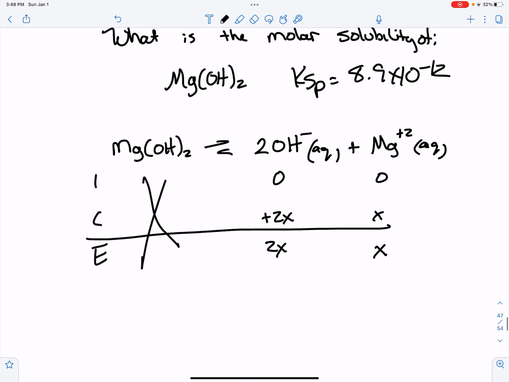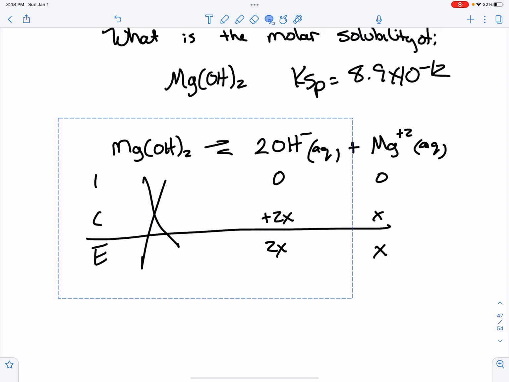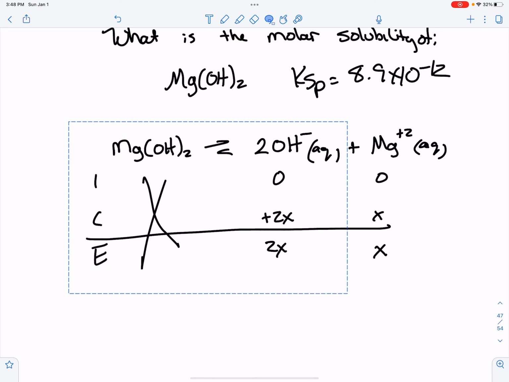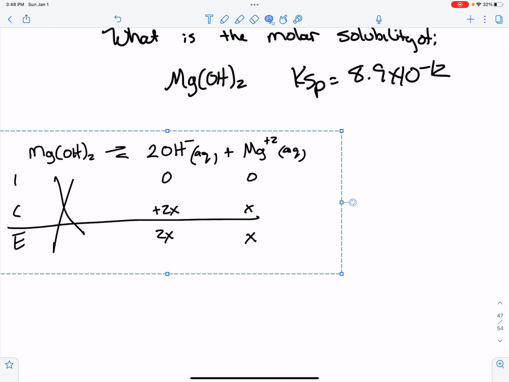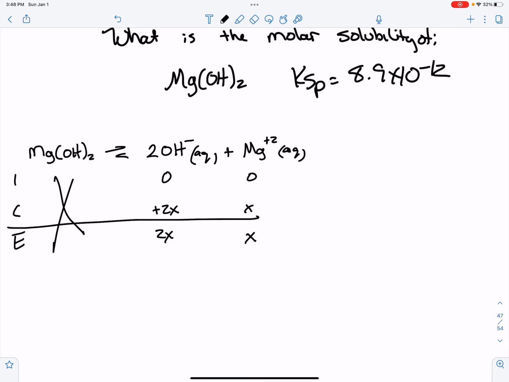Now the Ksp for this, and let me make this a little smaller so I can write it off to the side. Mg2+ times OH minus squared equals 8.9 times 10 to the minus 12th.